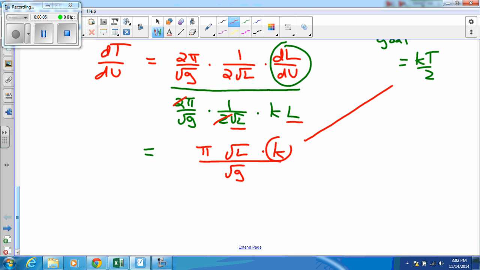How does this look in comparison to what we're supposed to get? Well, I see the factor of k right here, but I don't see a T just yet. And I look back and I say, oh, that's right. T is equal to 2 pi times root L over g.